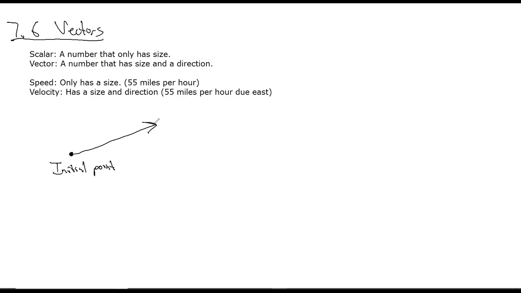And then the point that the arrow is placed at is what we call the terminal point. So we have an initial point and a terminal point, and we have to put our arrow facing the terminal point. So this is what a vector looks like.